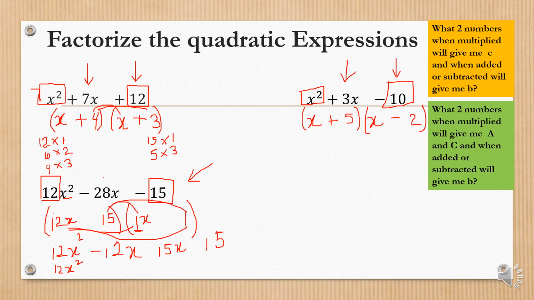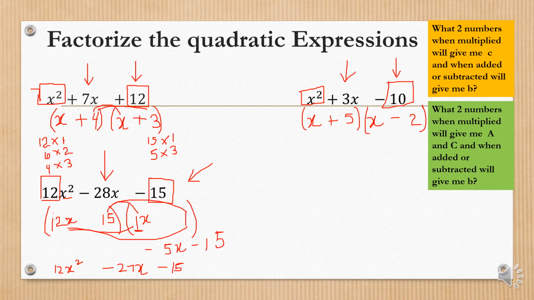And if I put a minus sign and a minus sign, I'm getting a total of minus 27x minus 15. Now note, I'm getting minus 27, but what do I need to get? I must get minus 28. So it tells me that the options that I used are incorrect. So I would work it all over again.